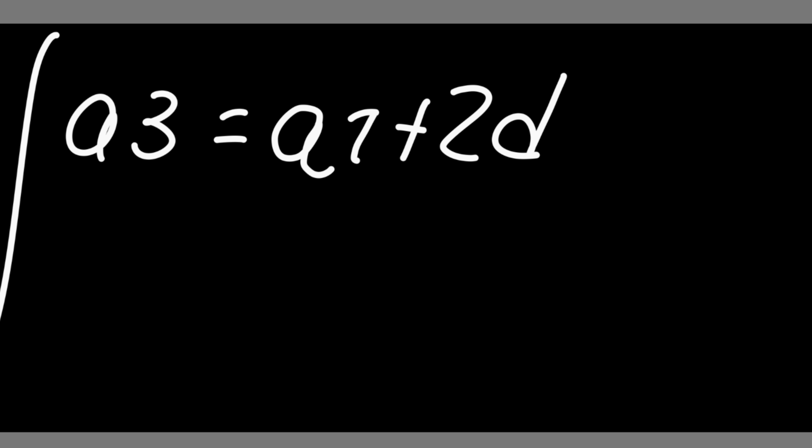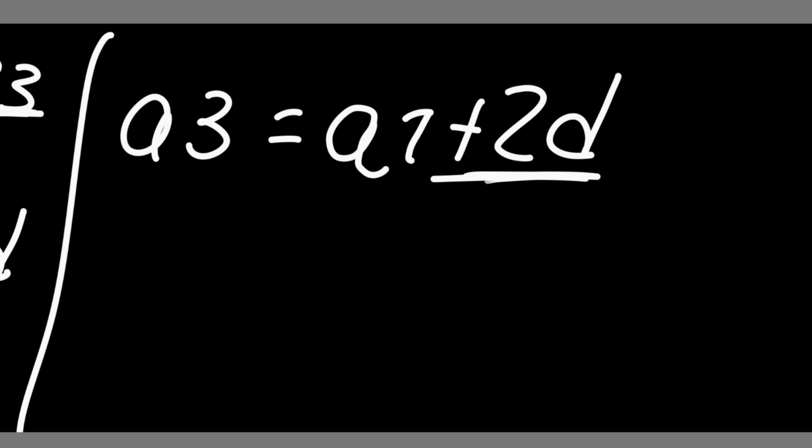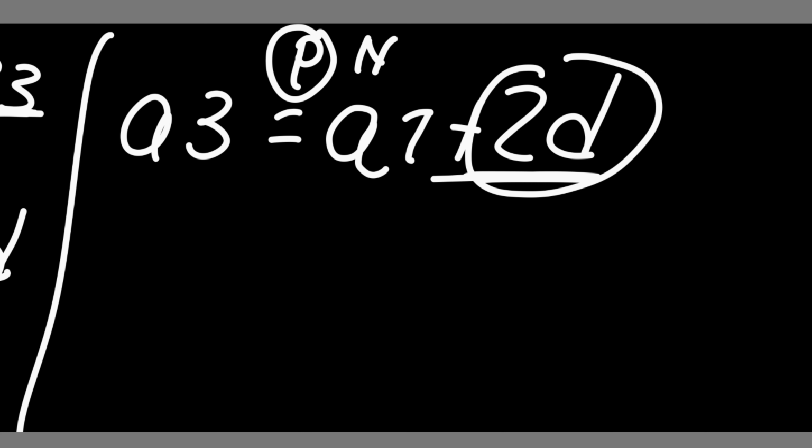In A3, the formula was basically A1 plus 2d. Here, how did it become 2d? Basically in 2d, the 2 is the previous number. The previous number is 2. Here we know clearly we don't know the value of A3, so we use that number 2.